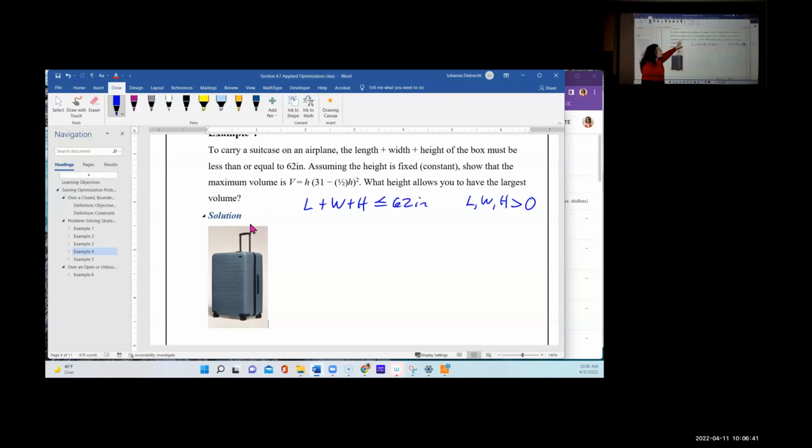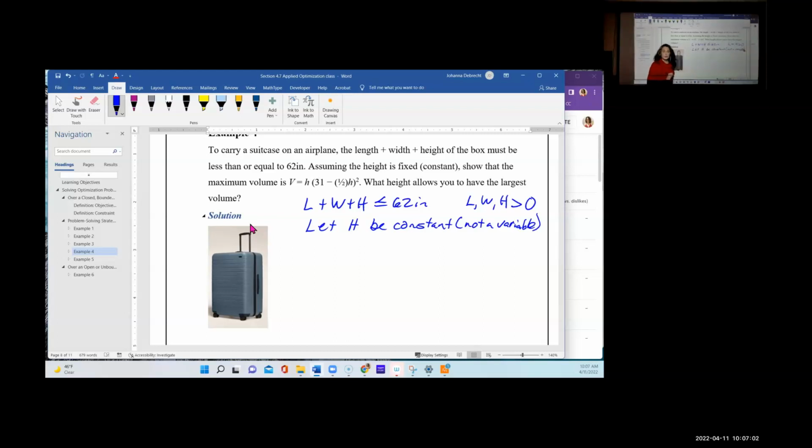Okay, assuming the height is fixed, is a constant. So let H be constant. What that means is H is not a variable at the moment. Right?